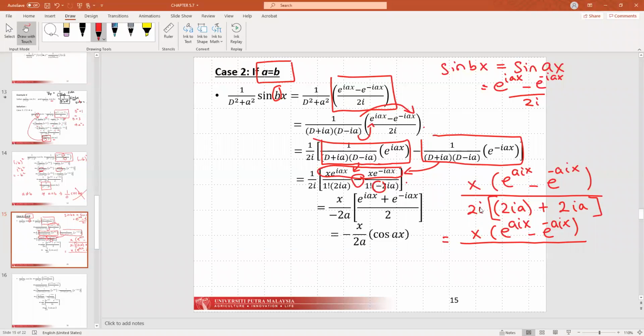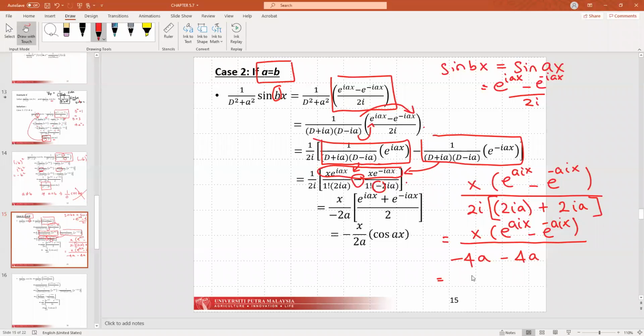So saya cuma darabkan I sahaja. Dia akan jadi minus apa? Saya kembangkan je lah. Okay, jadi 4a minus. Kemudian dia akan jadi minus 4a. Boleh? Setakat ni.